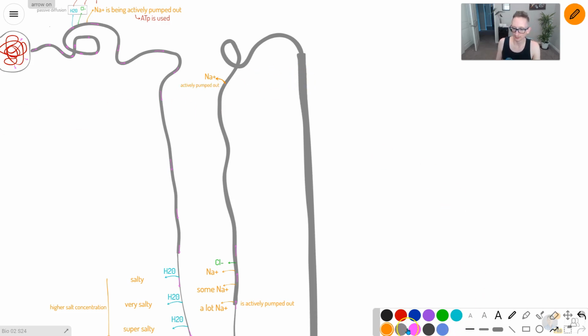Okay, and so let's continue our little arrows here. So our filtrate has a lot of water in it because a lot of the salt has been pumped out. So then when our filtrate reaches the collection duct.